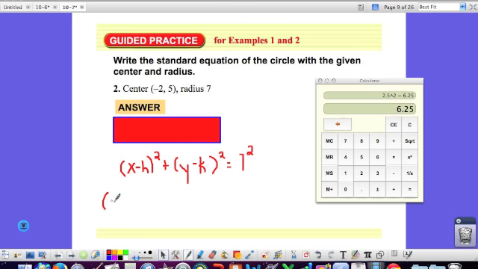So x minus negative 2 is x plus 2 squared plus y minus 5 squared equals 49.